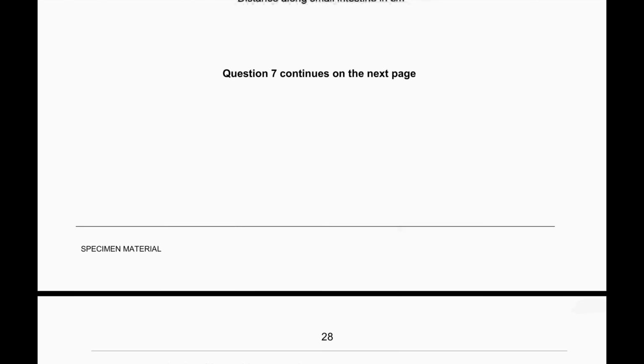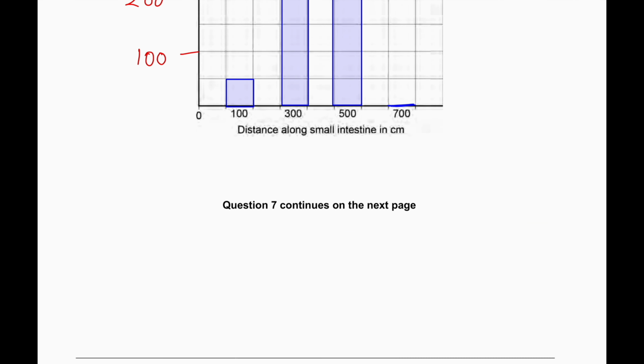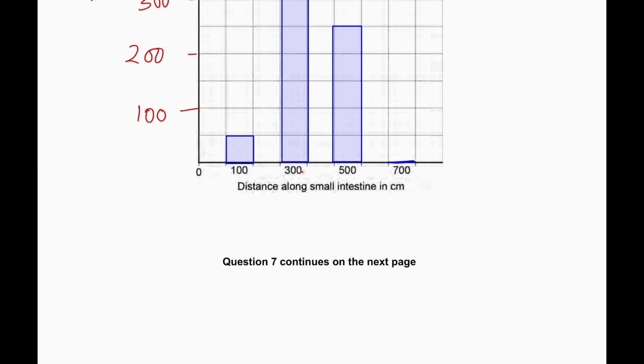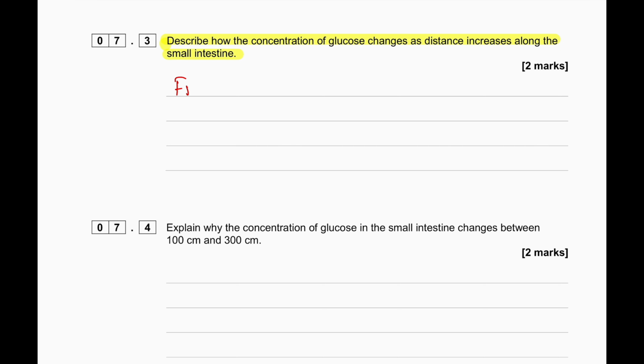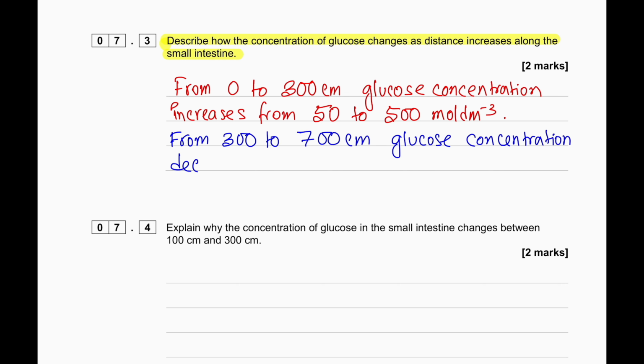Also, as the distance goes from 300 to 700, the glucose concentration decreases from 500 mole per dm³ to 0. So the answer will be: from 0 to 300 centimeter, the glucose concentration increases from 50 to 500 mole per dm³. And then from 300 to 700 centimeter, the concentration of glucose decreases from 500 to 0 mole per dm³.